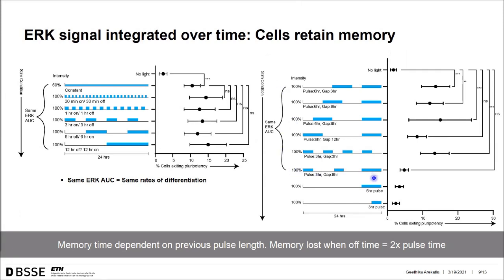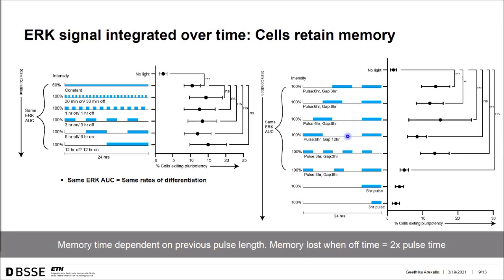And I want to draw your attention to these two stimulation conditions where you can see that when the gap is 3 hours, the rate of differentiation is normal. However, when the gap is increased to 6 hours, it's closer to the no light condition. And you see the same phenomenon, though a bit less clearly, when the gap is 12 hours for the pulse that is 6 hours compared to 3, 6, and 9 hours.